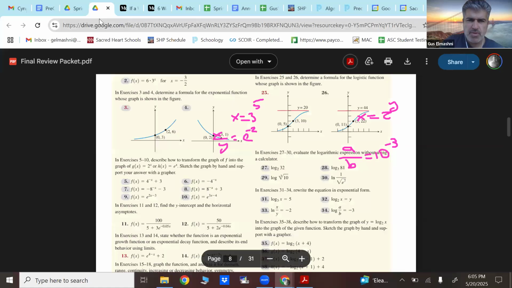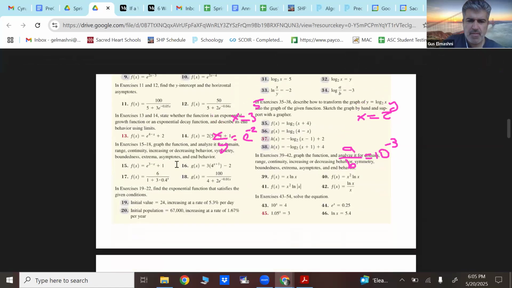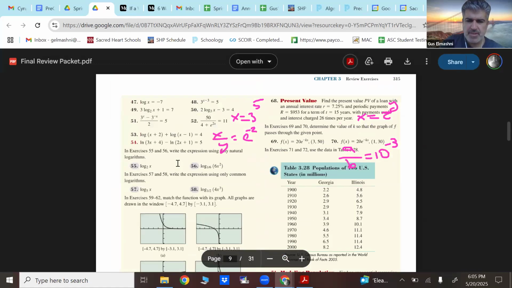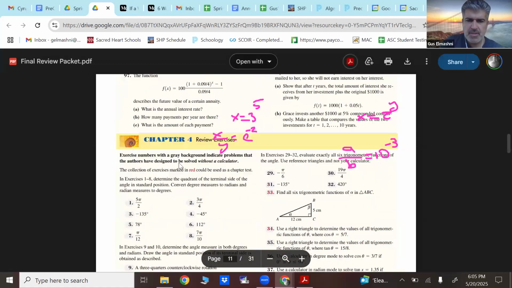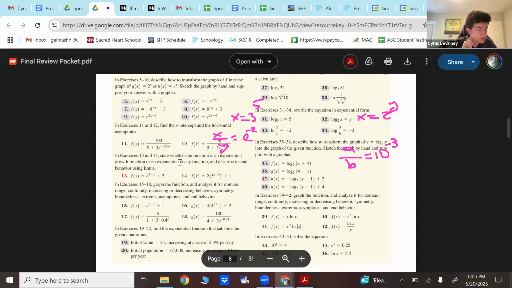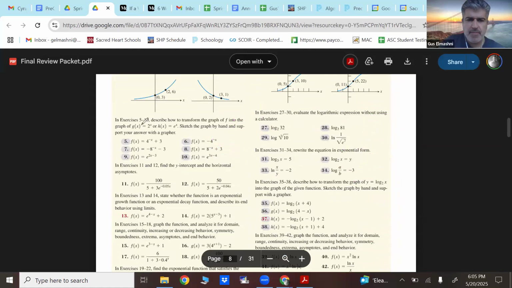That's not simplifying equations, that's graphing. Doesn't make any sense. 5 to 10, solving, simplifying exponential equations. Yeah, well, anyway, we'll do it.